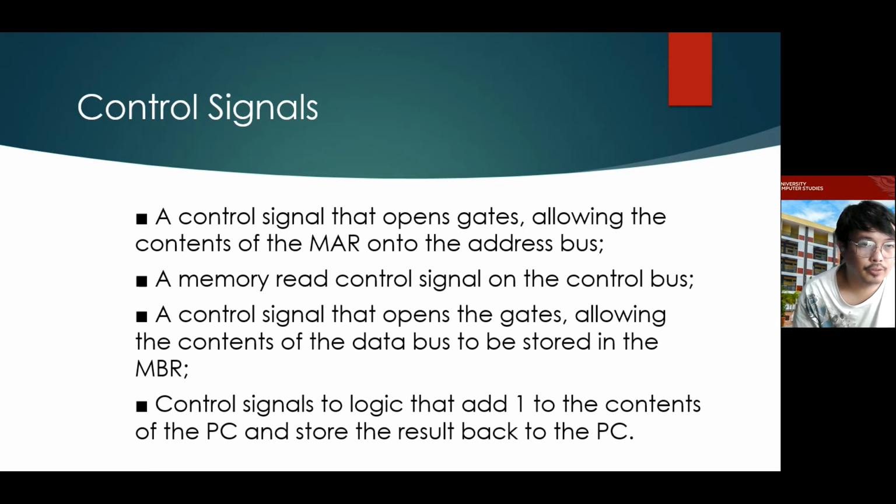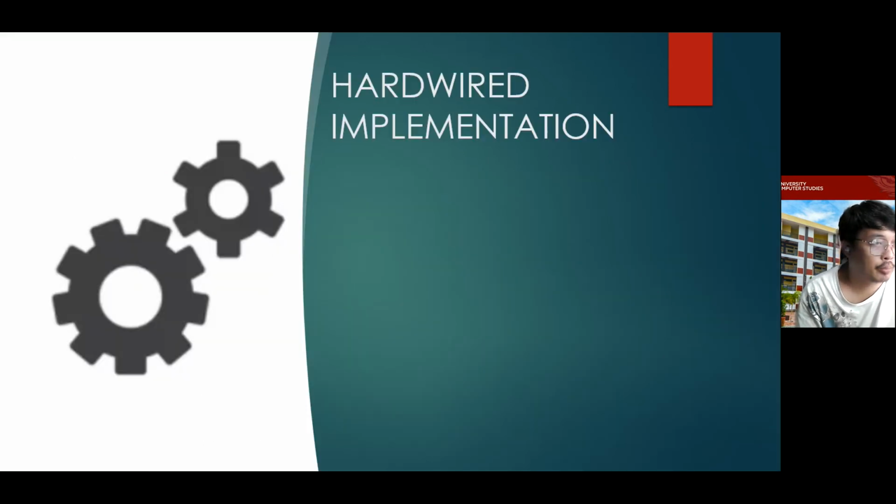Let's go to the hardwired implementations. We have discussed the control unit in terms of its inputs, its outputs, and the functions. Now, let's turn to the topic of control unit implementation.